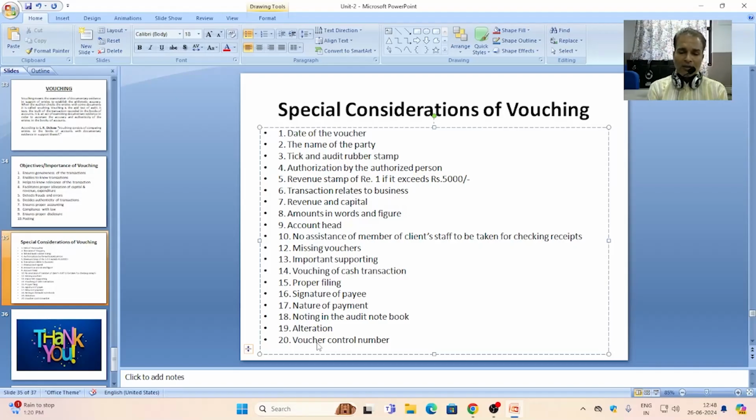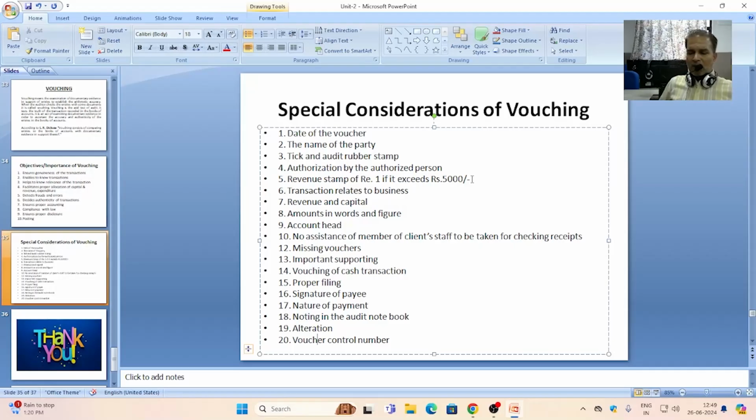The auditor is also expected to confirm the voucher control number on each and every voucher. Voucher control number is a number that helps to find out a missing voucher or duplicate voucher.